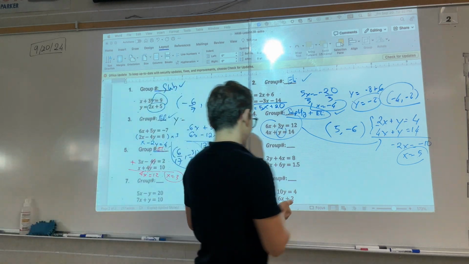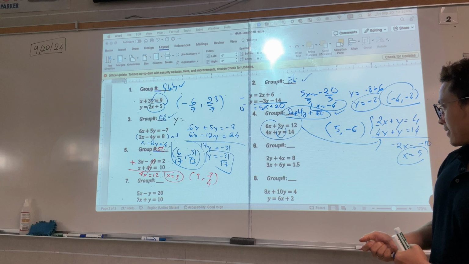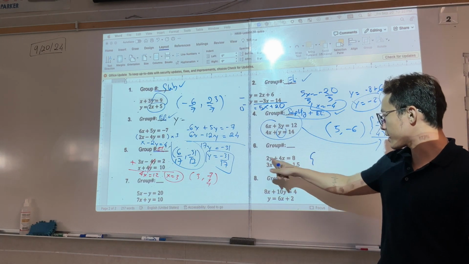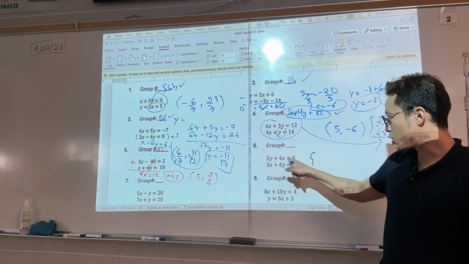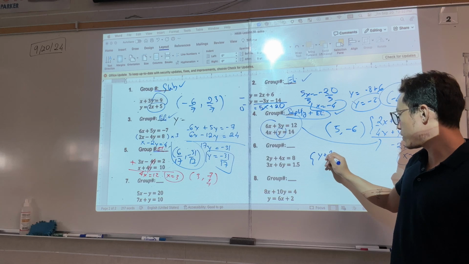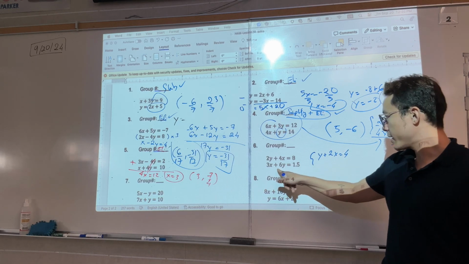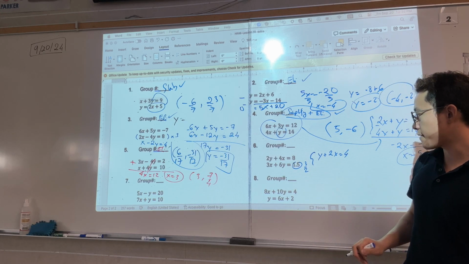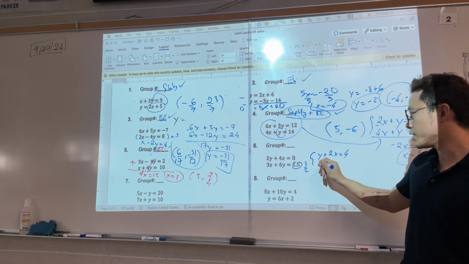Substitution. Let's say if you simplify this, because I saw 2, 4, 8. Okay, so divided by 2, I have y plus 2x equal to 4. Oh, 1.5 means 3/2. You divide by 3 as well.